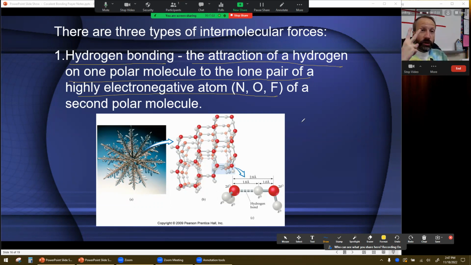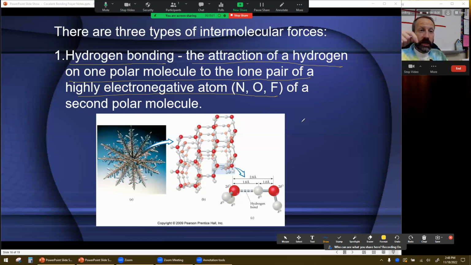It's got an oxygen with two hydrogens and two lone pairs, and so it can do two hydrogen bonds each, which is one of the reasons that water does all the properties that water does. It's polar, and it forms a dome when you put little dewdrops on a leaf when it rains, or when you put drops on a penny and it domes up. That's hydrogen bonding holding it all together.